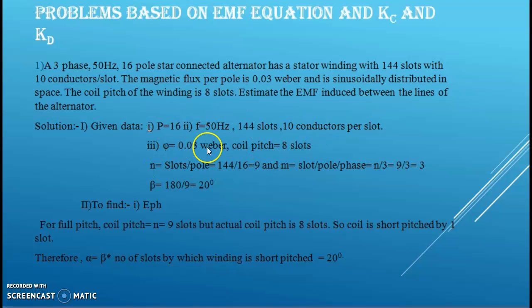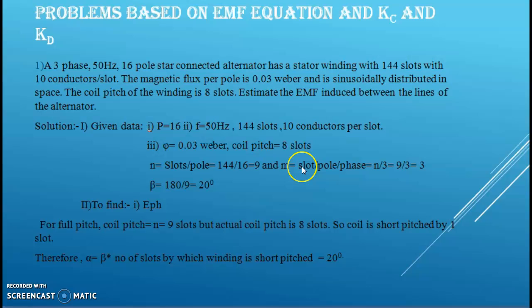Now from this given data, first I have to find out small n. Small n is the number of slots per pole. So how many slots are there per pole? There are 144 slots total, and we have 16 poles. So 144 upon 16 is 9. So n is equal to 9.